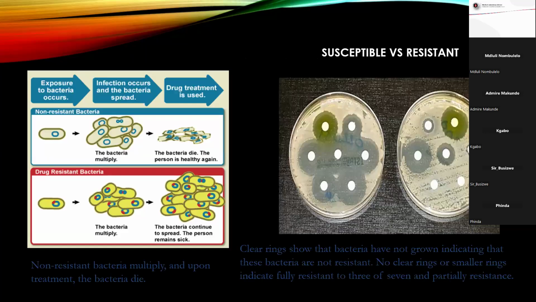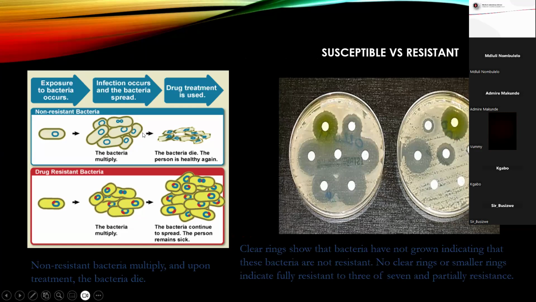I'll try to explain later what really happens for you to end up with resistance. So I'll just share a pictorial representation of what really happens when we're talking about resistance. By definition, we said initially the organism was susceptible.